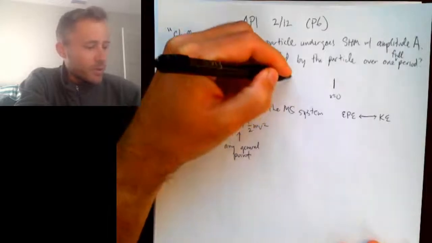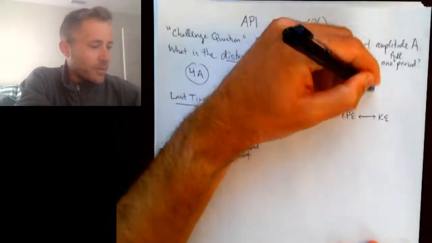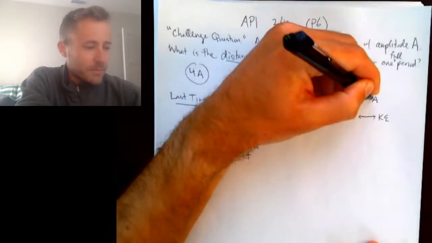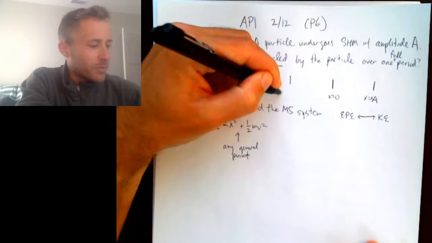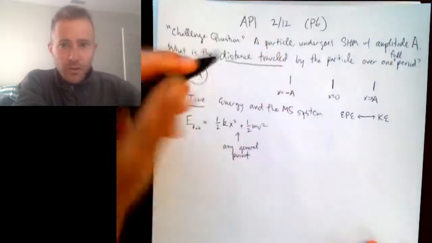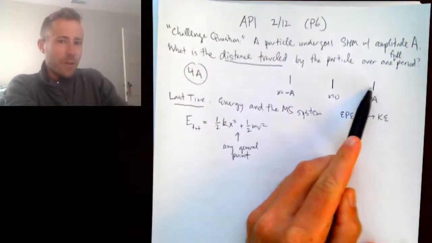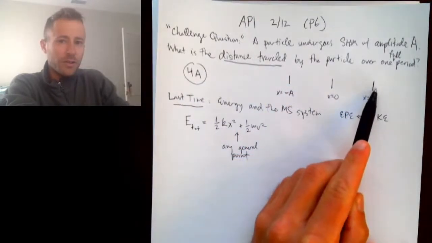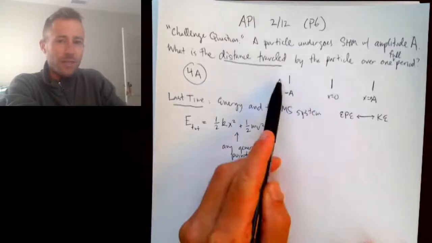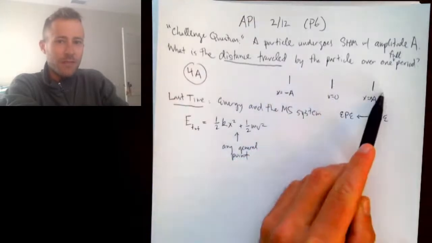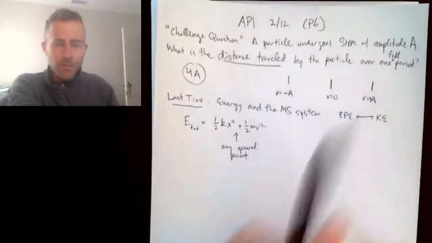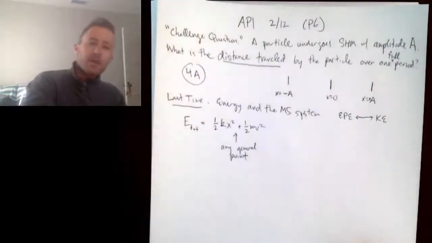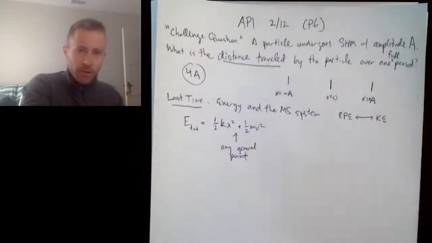Simple harmonic motion is going to go between x equals plus A and x equals minus A. If you do one full period, it means you go across, and then you come back to where you started. So you go a distance A, A, A, A. So that's 4A to go back and forth. To go across is 2A, but then to come back, you go another 2A. So there you go.